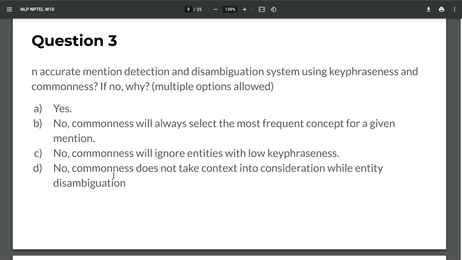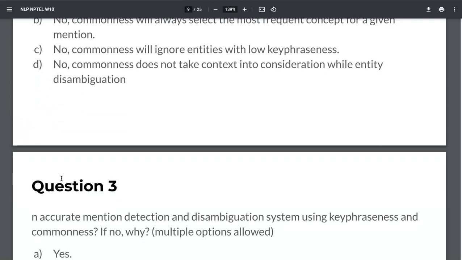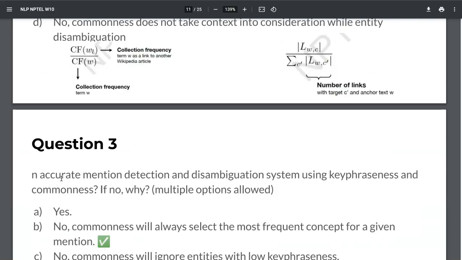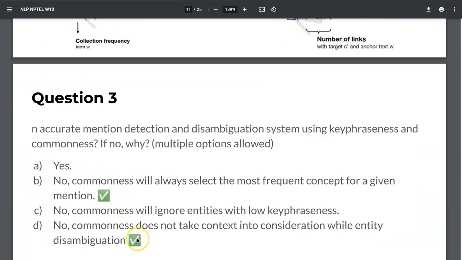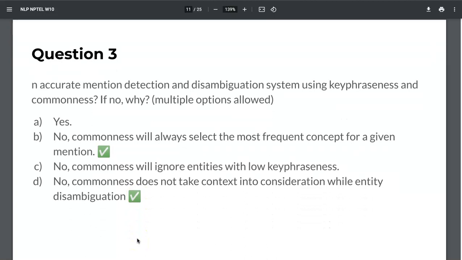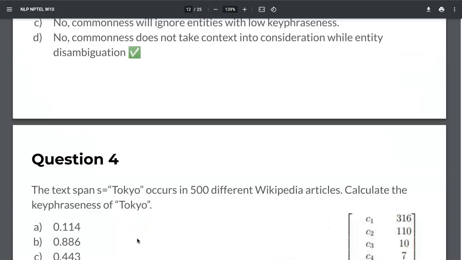In commonness, there is no way you can check the context. So that's why commonness is not a good way to disambiguate. So options B and D are the correct options for this question.